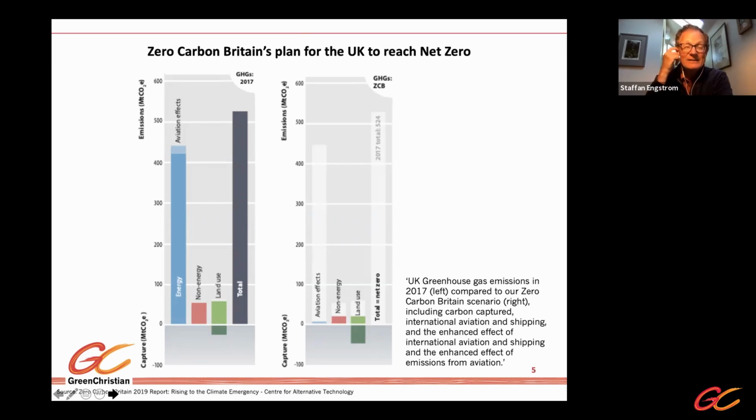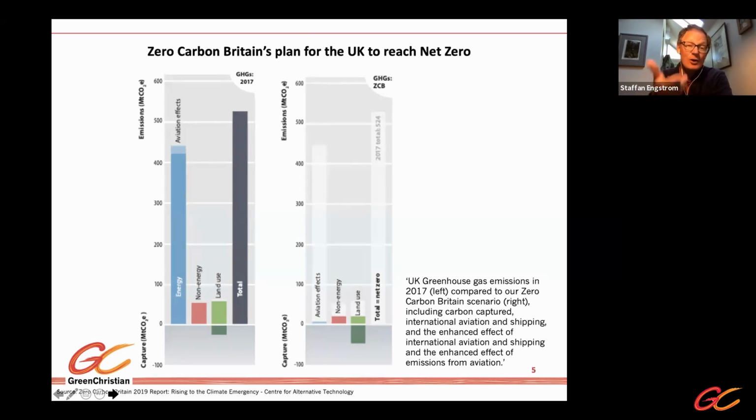And that is split into 3 elements in terms of how they've analyzed it. They've pulled out all the energy parts and put it into one, and that's the blue bar. Then they've looked at non-energy, things like the production of various things in manufacturing, CFC gases, etc. And then they pulled out the land use issues, which includes carbon sinks.